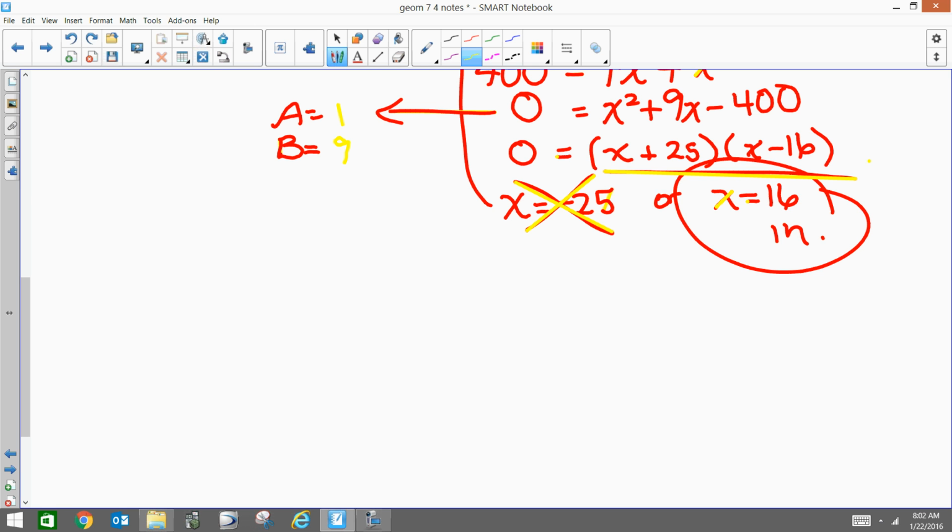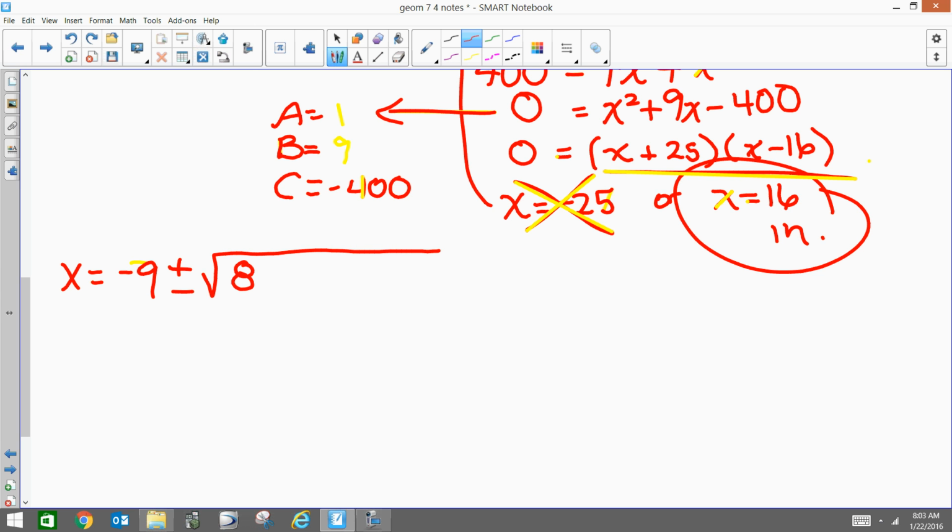And C is negative 400. So x equals negative b plus or minus the square root of b squared minus 4ac, all over 2a.